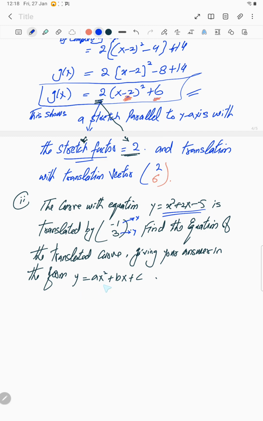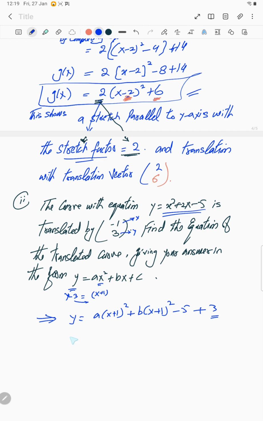Replace x with x plus 1 because it's minus 1, and replace y with y minus 3. So y equals a into (x plus 1) squared plus b into (x plus 1), and c was minus 5, and here y minus 3 becomes plus 3 when it moves to the other side.